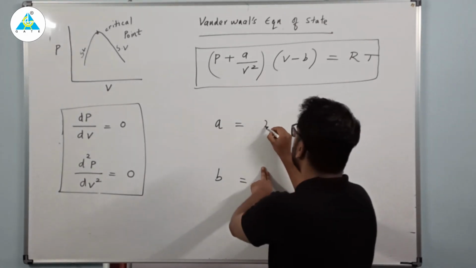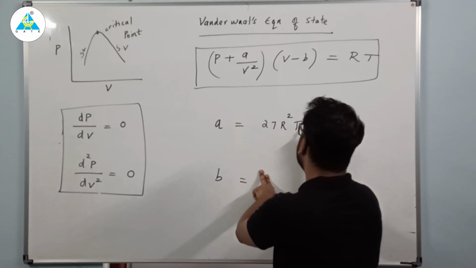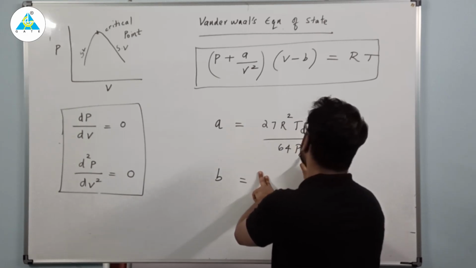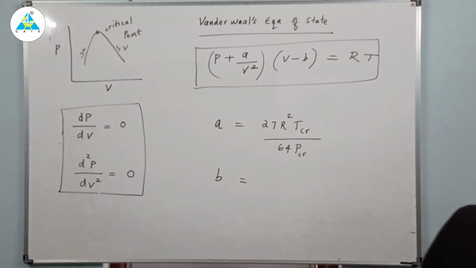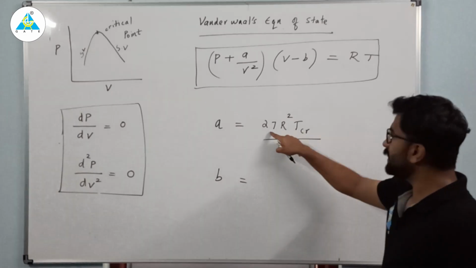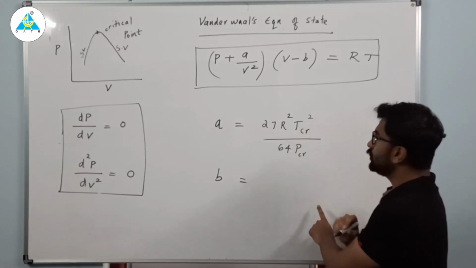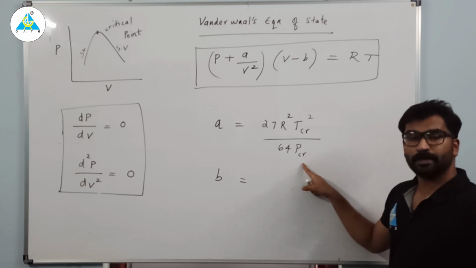It is 27 R square. I think the equation is correct, let me check. So it is 27 R, where R is your gas constant, into critical temperature square divided by 64 critical pressure.